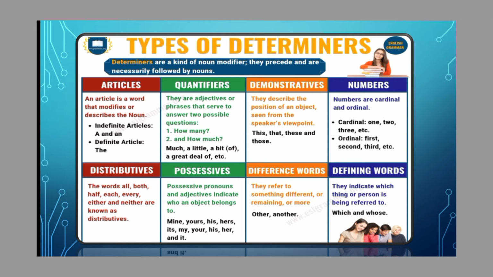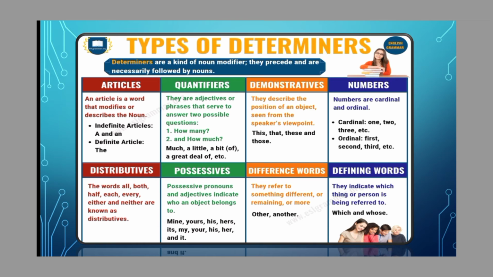And next one, quantifiers. They are adjectives or phrases that serve to answer two possible questions: how many and how much. This also I explained to you already. Those words are much, a little, a bit of, a great deal of, etc. Next, demonstratives.